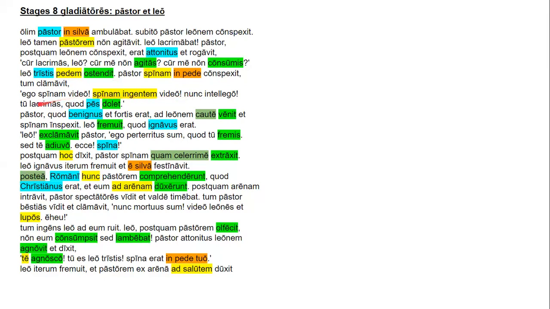So next sentence, still in this direct speech. Tu lacrimas quod pes dolet. So tu, it's the nominative form of you singular. So only one you. Now remember that just like me, if it were te, it would be the accusative direct object, but tu is the subject. This makes sense because lacrimas is a second person singular present verb from lacrimo, meaning you cry.